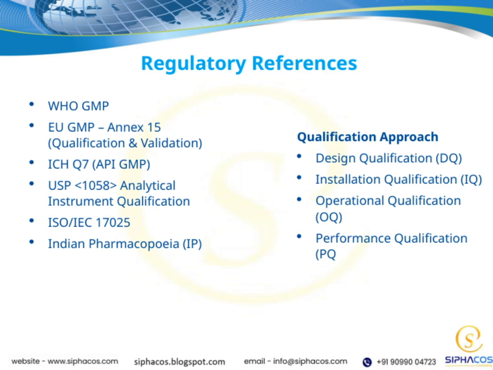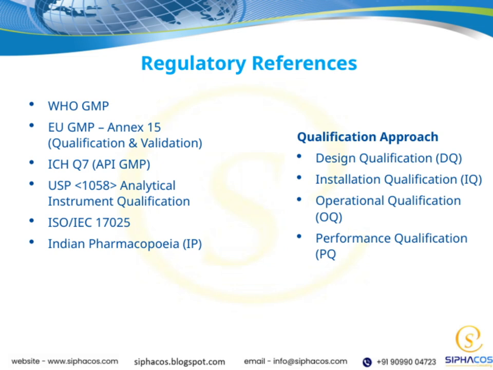For example, WHO GMP and EU GMP, especially Annex 15, provide detailed guidelines on qualification and validation processes. ICH Q7 is specifically relevant for active pharmaceutical ingredients, ensuring GMP compliance during API manufacturing.